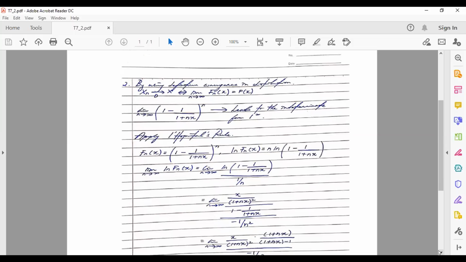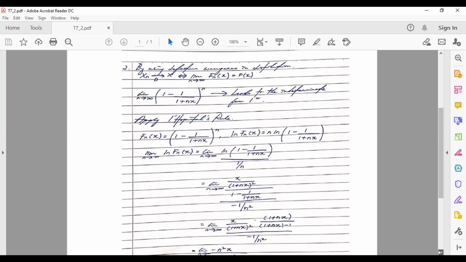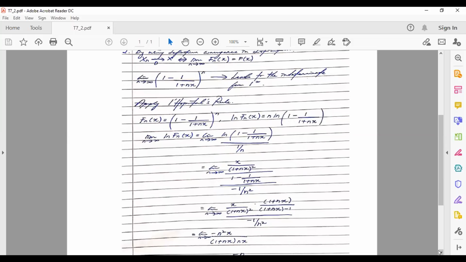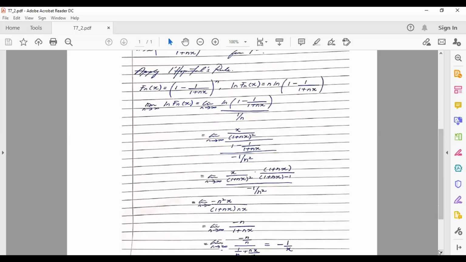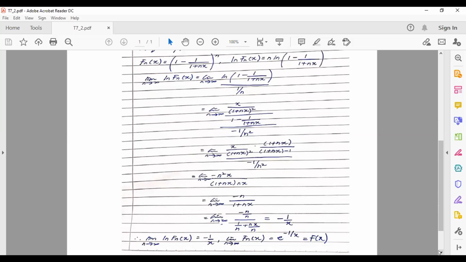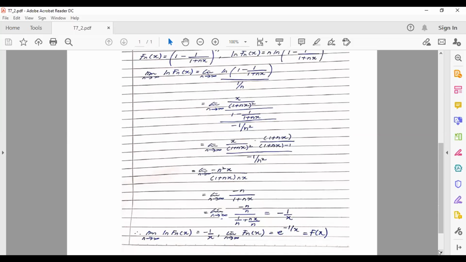So we apply L'Hopital's rule and we find the limit of ln Fxn, and we get that the limit as n to infinity is equal to -1 over x. So the limit as n to infinity of Fxn is equal to exponential -1 over x, which equals Fx. So that's it.